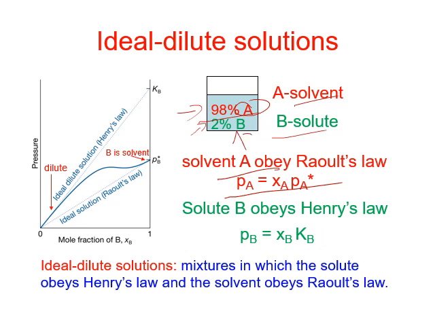Now for B, only 2%, each B molecule is almost surrounded by a different molecule, so the environment is very different, and usually B obeys Henry's law. If you have a solution where the solvent obeys Raoult's law and the solute obeys Henry's law, this kind of solution is called an ideal-dilute solution. So the A is ideal, obeys Raoult's law, and the B is so dilute, it obeys Henry's law.